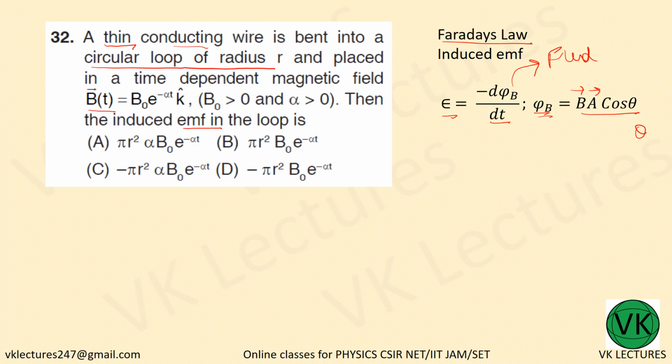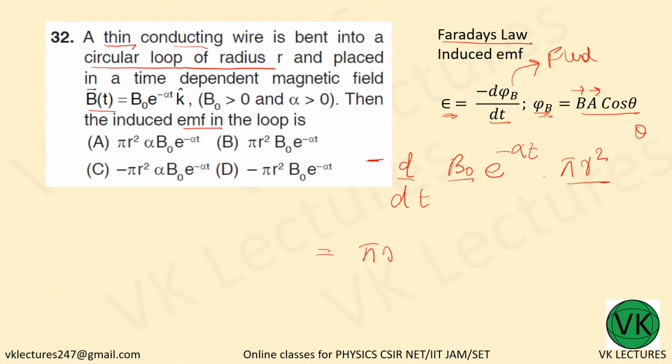Now we need the induced EMF, that is equal to, let me write, minus d by dt of B. What is B? B is nothing but B naught e to the power minus alpha t into A, which is nothing but pi r square. Now you can take pi r square and B naught outside.